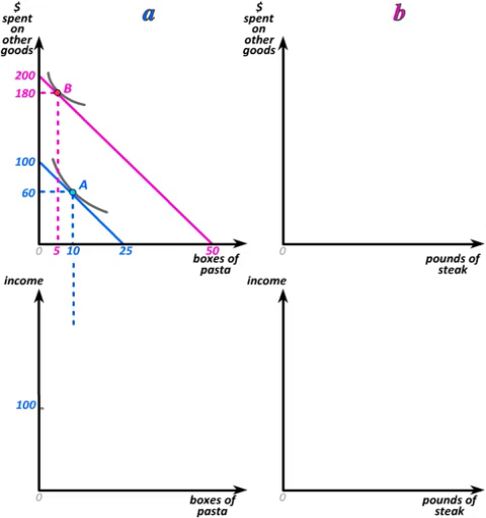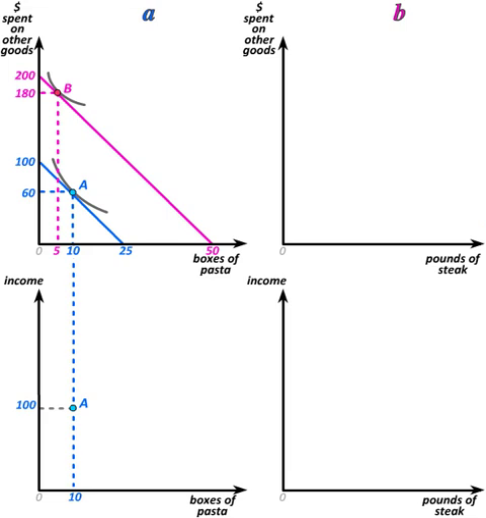We can now transfer the information that's contained in bundles A and B of the top panel to a lower panel where we still have boxes of pasta on the horizontal axis, but now we put income instead of dollars worth of other consumption on the vertical axis. At bundle A, for instance, we have an income of $100. That's how the blue budget constraint arose.